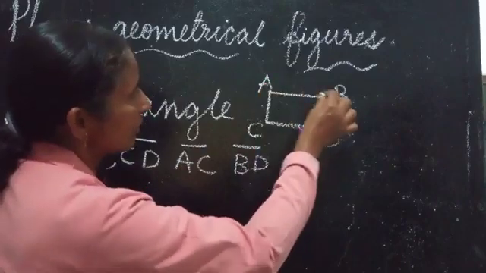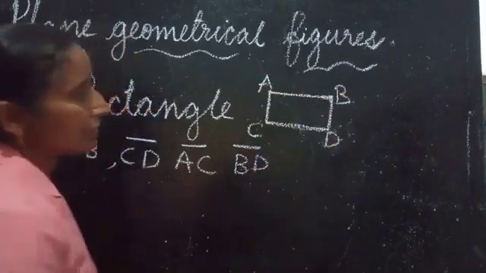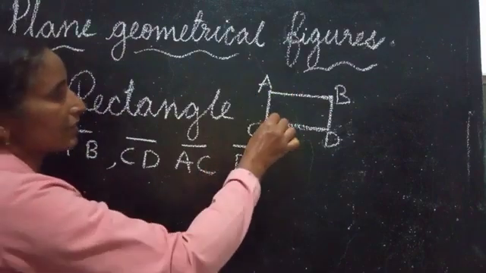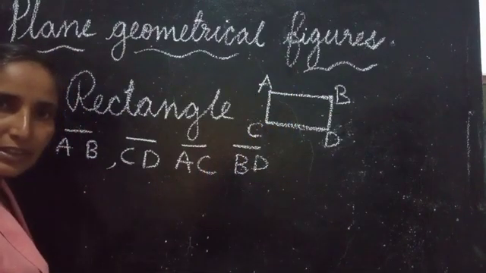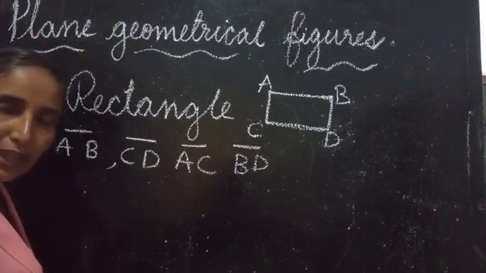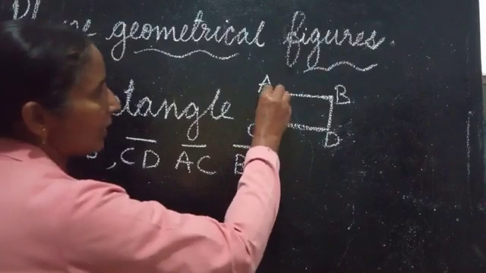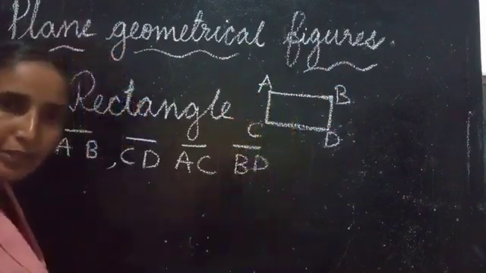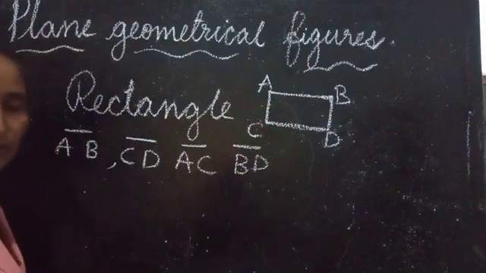The end points we marked with the capital letters are known as the corners. How many corners are there? A rectangle has 1, 2, 3, 4, so 4 corners.